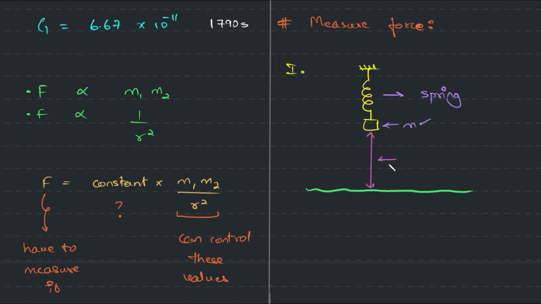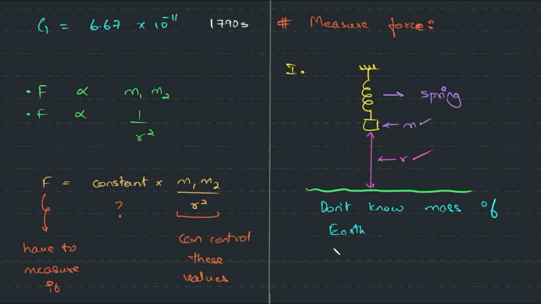I'll know the radius as well. But I don't know the mass of the earth. So this is not good. Why? We have M1 and R known, M2 we will not know, and obviously F also we can't know, right?